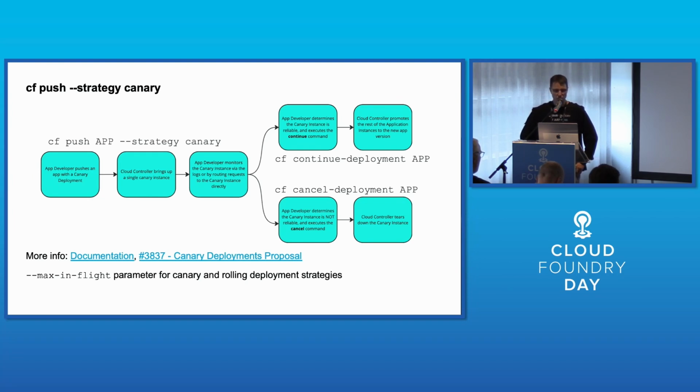And recently, with this new canary strategy, there is an addition that allows an operator of an application to check after the first instance has been started whether this updated application behaves well by looking at metrics or logs, and then take a conscious decision whether to roll back or to continue the deployment. This feature is available, it's documented, and in addition you now have a max-in-flight parameter that allows you to update heavily scaled out applications faster than in the past.